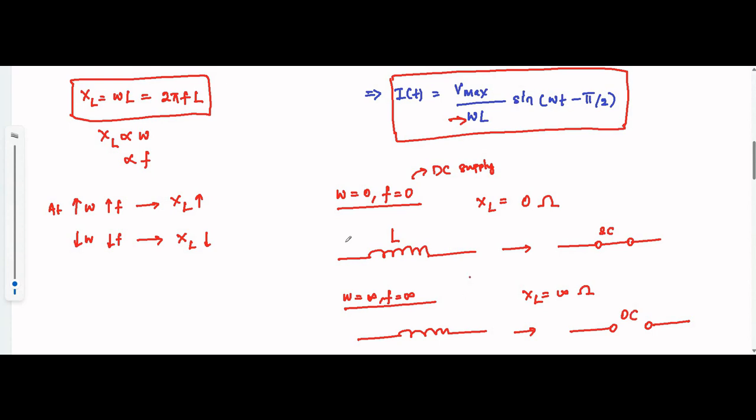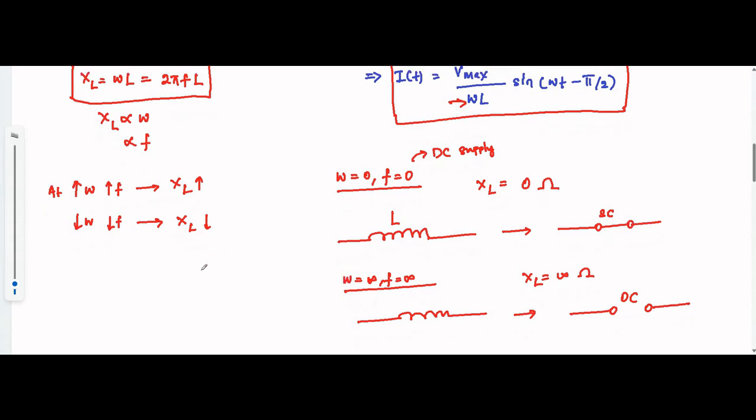No current flows because inductive reactance is infinity. So at 0 frequency, 0 ohm, short circuit. At infinitely high frequency, it is infinite ohm and the inductor is an open circuit. So this is inductive reactance.